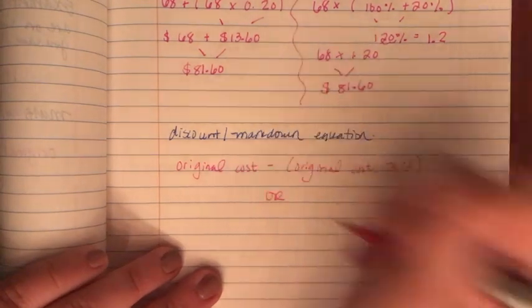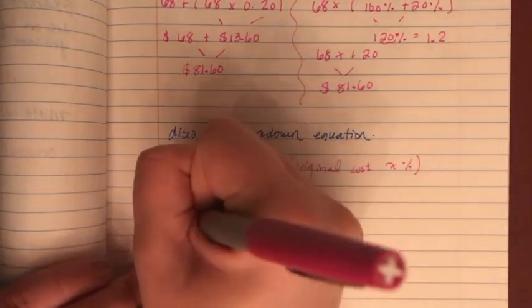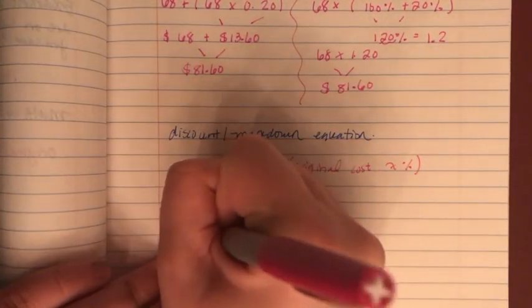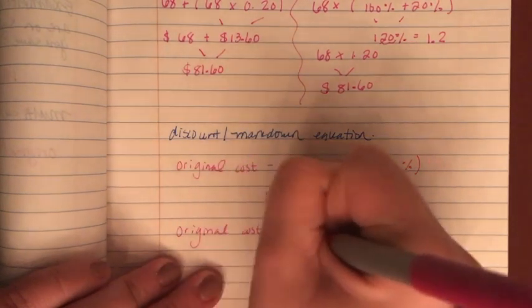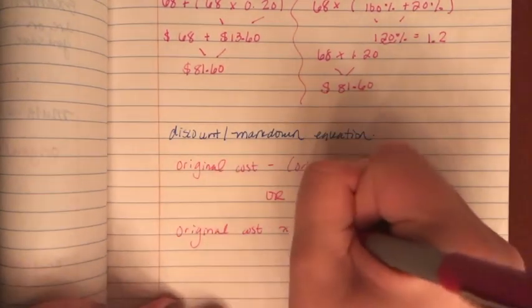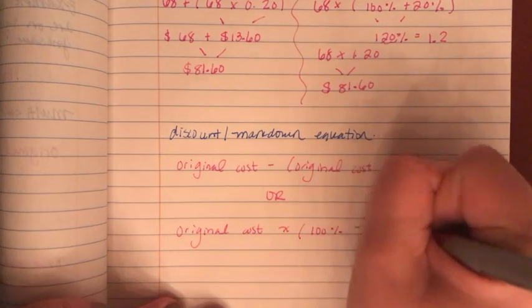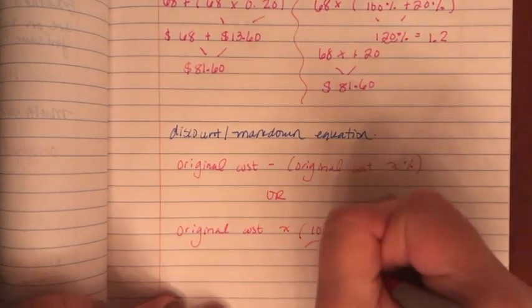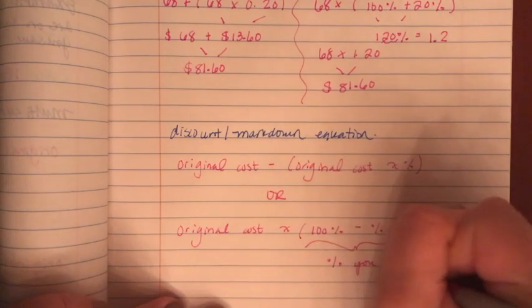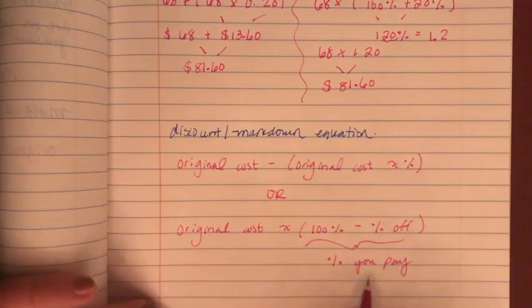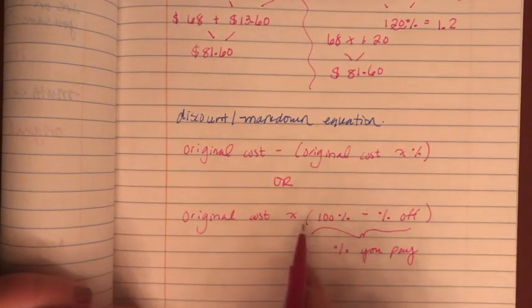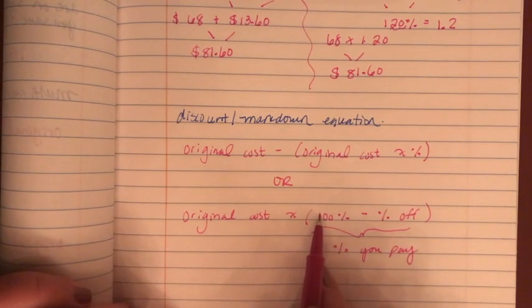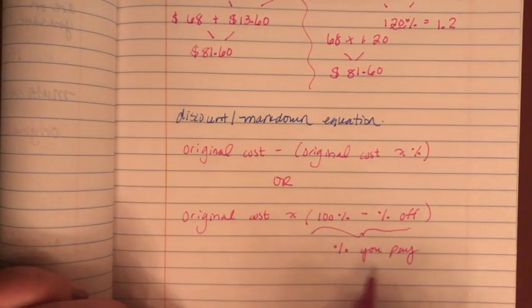And then our other equation is original cost times 100% minus percent off, where this here is going to represent the percent that you pay. So that's why this equation looks this way. So if, let's say, it was 20% off, you pay 80%. So that's why this equation works.